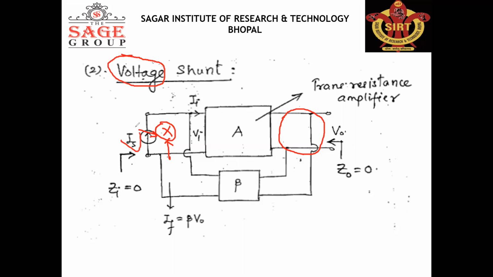So the input signal should be current and the feedback signal should also be current. Both should be in the form of current, right? So here the current Ii is equal to Is minus If.